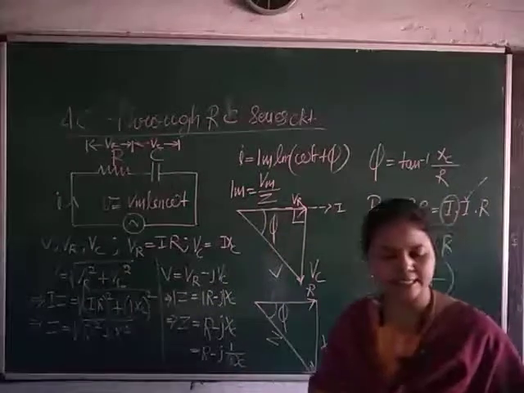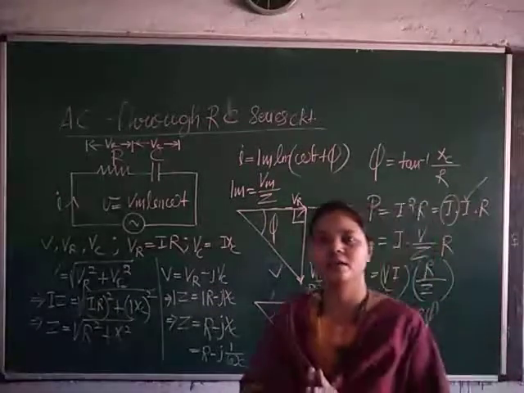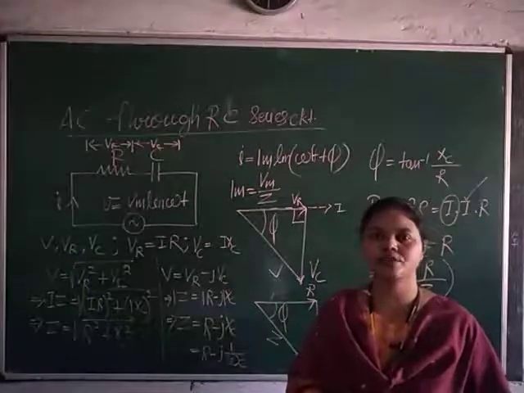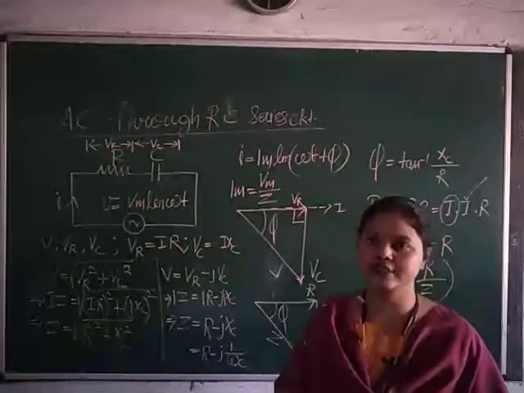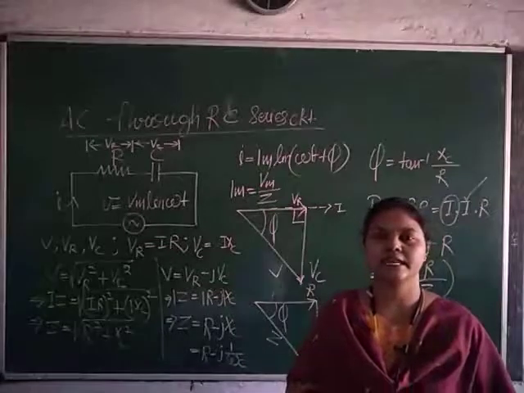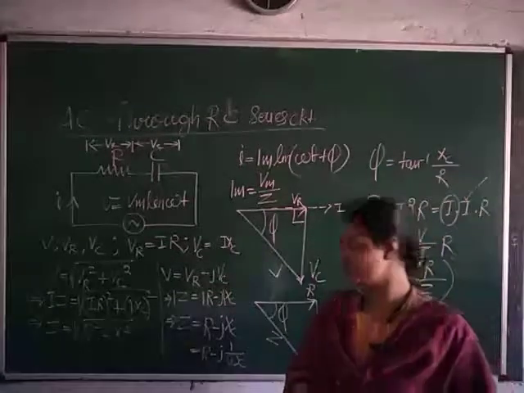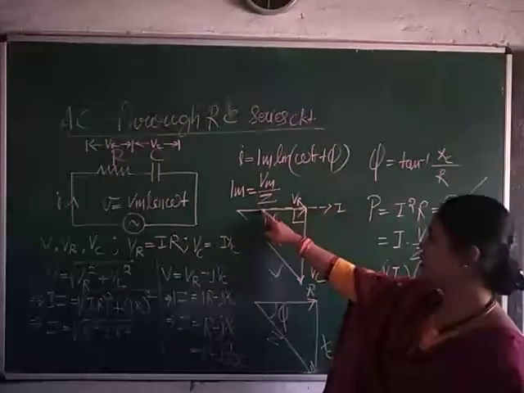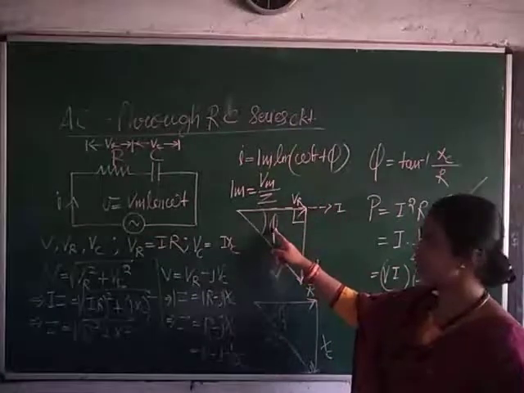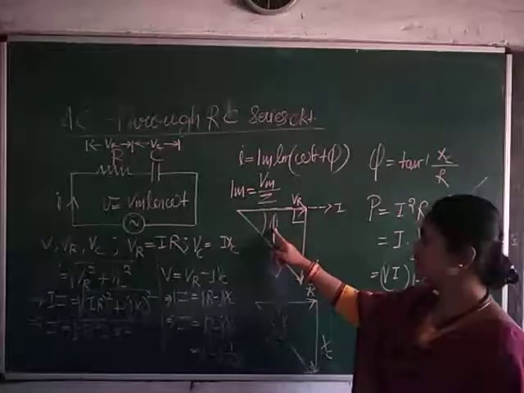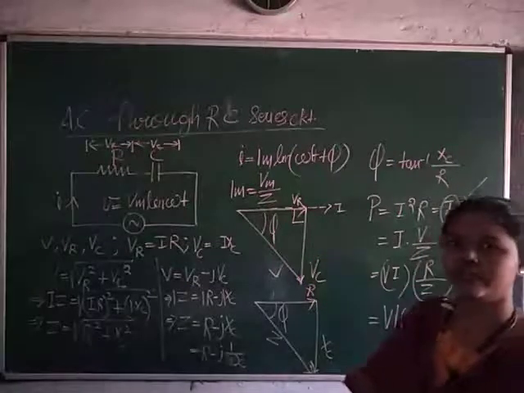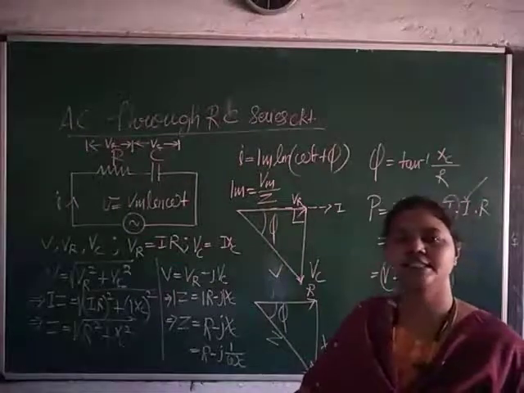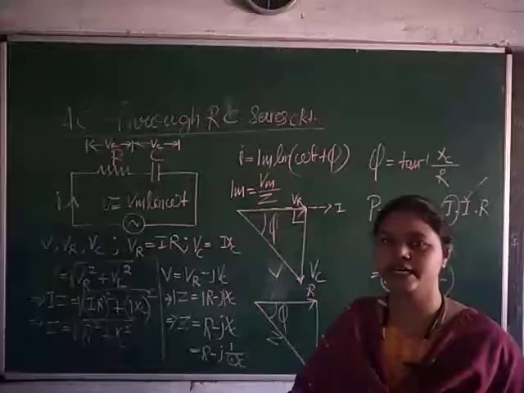So students, in this study you have learned that in the case of an RC series circuit, when AC supply is given to the circuit, the current leads the voltage by an angle phi, which is less than 90 degrees. Then you get three definitions of power factor. The first definition is that it is the cosine of the angle between voltage and current.